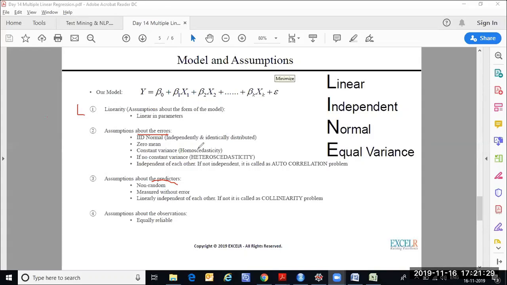Predictors are the variables that you use to predict the output variable. They are the input variables or independent variables. Now, the fourth set of assumptions is about the observations. What are the observations?